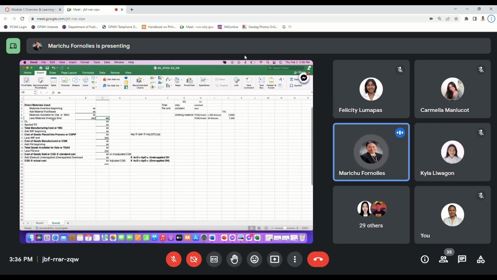Meaning you deduct the indirect materials used from materials available for use so that the balance represents only the cost of direct materials used.